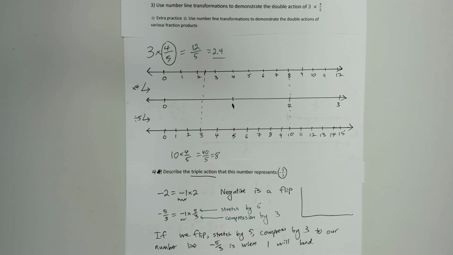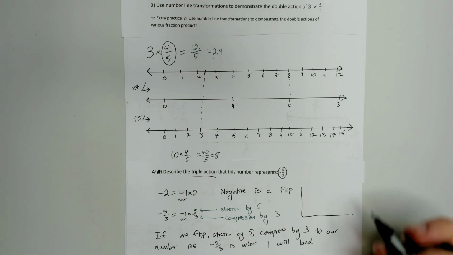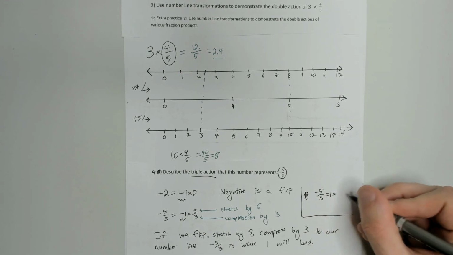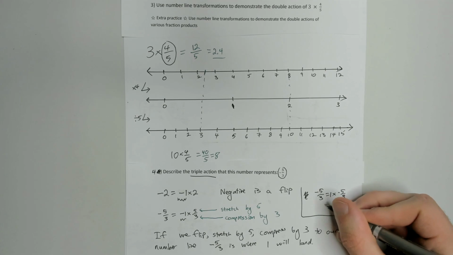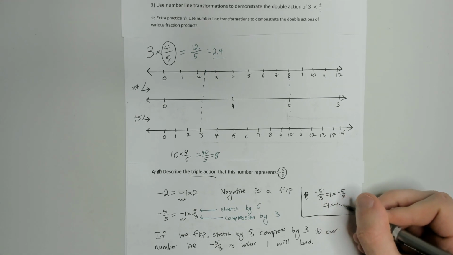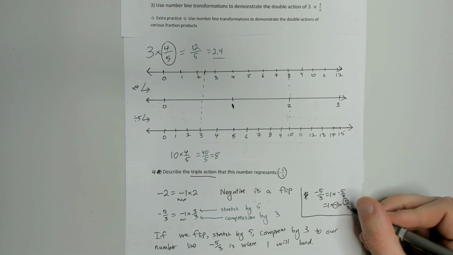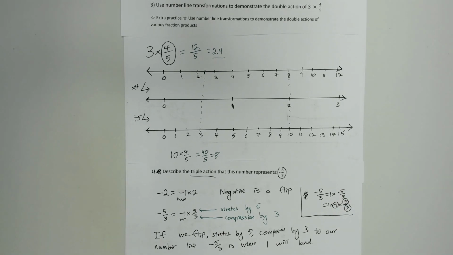That's the denominator of 3, the compression. So we know that negative 5/3 is 1 times negative 1 times 5/3. So that's our flip action, that's our stretch action, and that's our compression action. So that is a triple action, all represented within this one negative fraction.